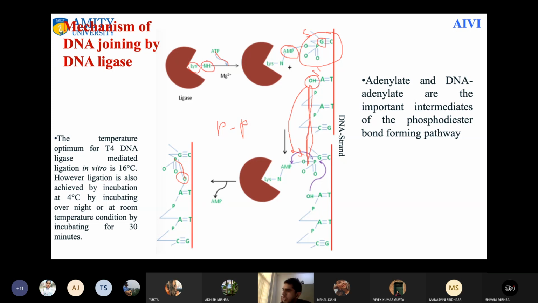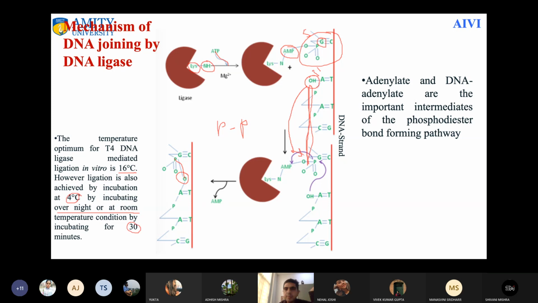So DNA ligase can even work at a very low temperature. Even these ligase enzymes are functional at 4 degrees Celsius. So the temperature optimum of DNA ligase is 16 degrees Celsius. However, ligation is also achieved by incubating at 4 degrees Celsius overnight, or at room temperature.